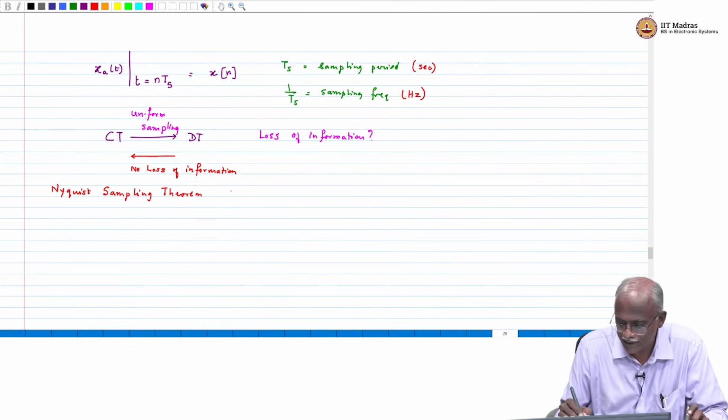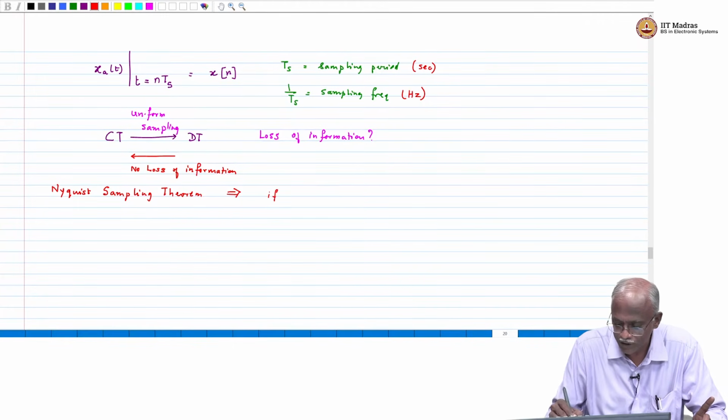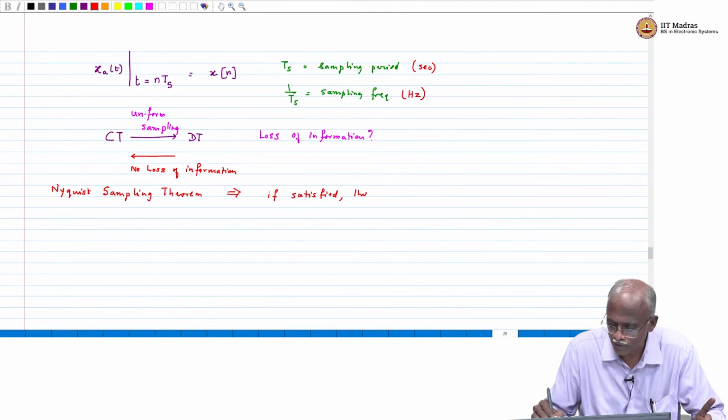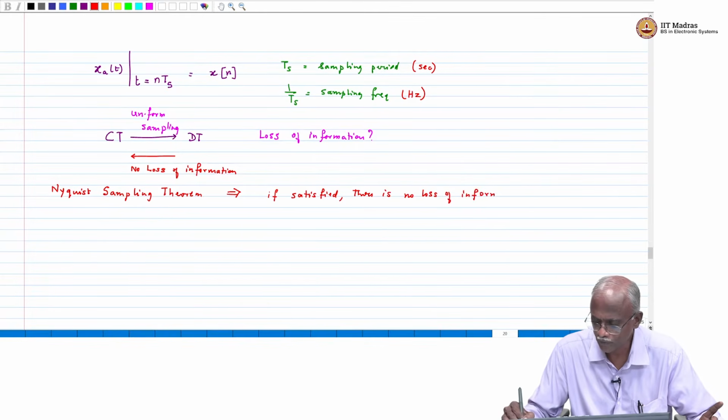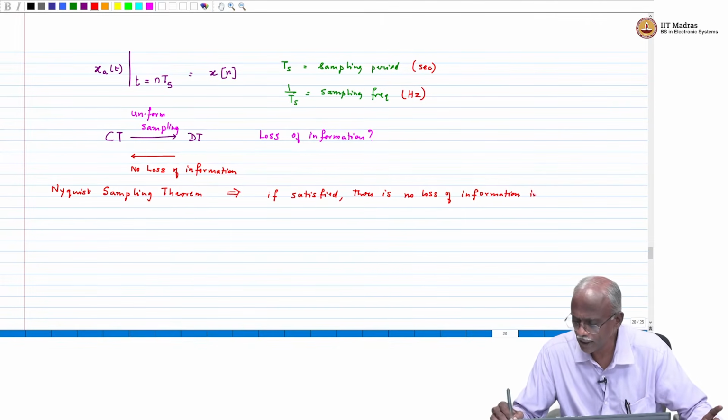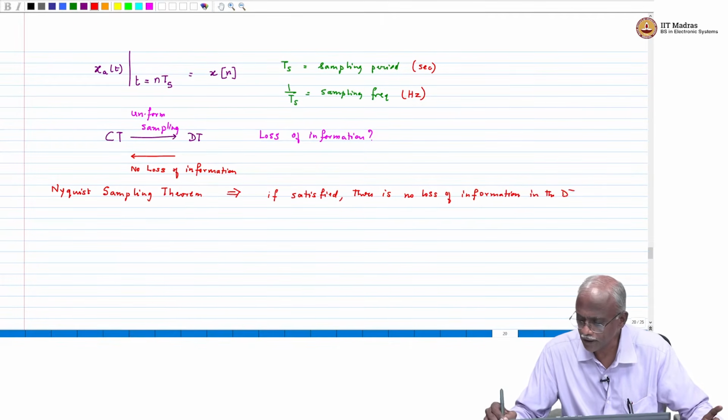So if the Nyquist sampling theorem is satisfied, there is no loss of information in the discrete time signal which is obtained.